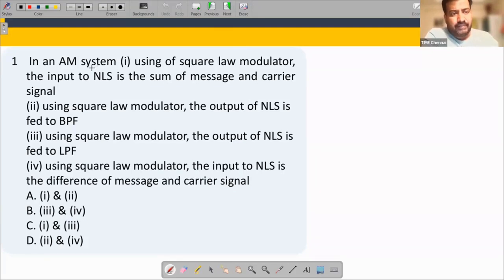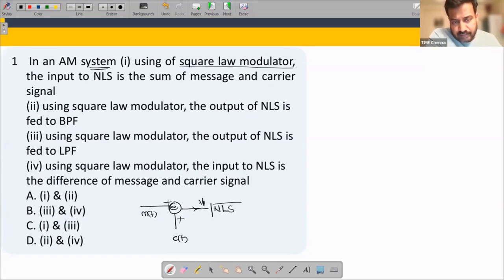So in an AM system, which is using a square law modulator, you know how a square law modulator looks like. You have a message signal, you have an adder to which you give this carrier signal, input sum of this two, let it be V1 given to a nonlinear system.